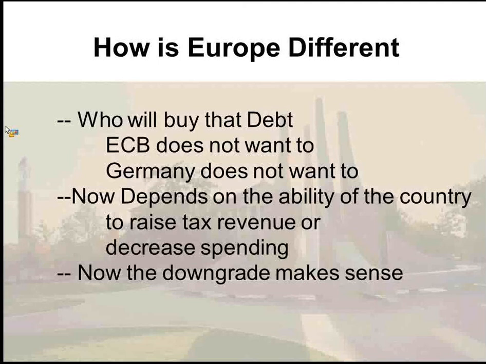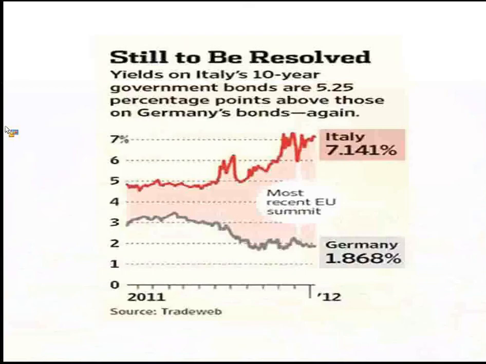And so it's going to depend upon the individual country to be able to raise enough tax revenue and, of course, decrease spending, because they can't keep adding to their debt by running deficits to pay that debt off. And that's why we have this situation here.